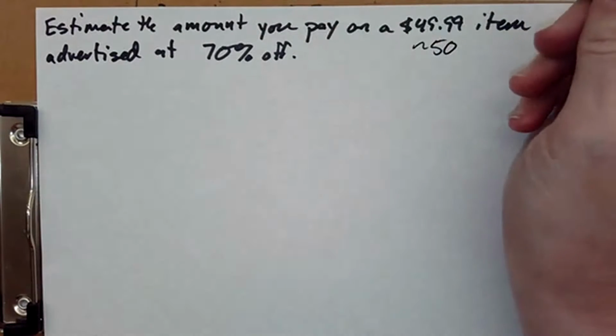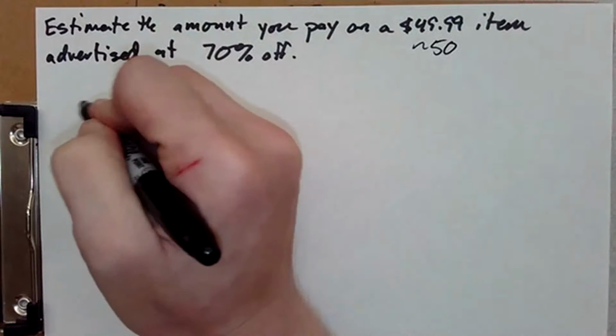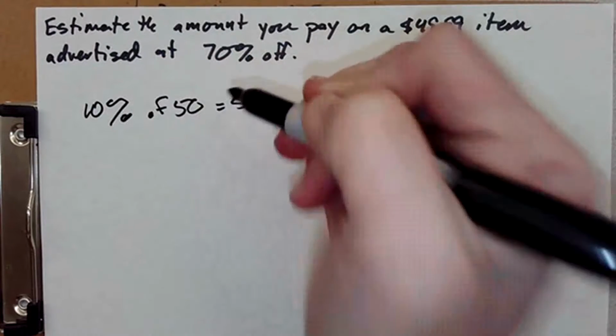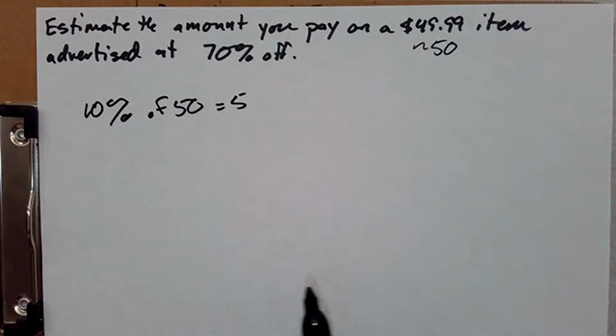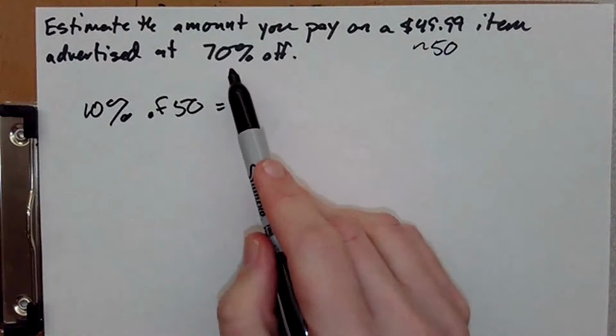Okay, and now we're going to take 10% of 50. And that's 5. Okay, so now we recognize that the complement of 70 is 30.